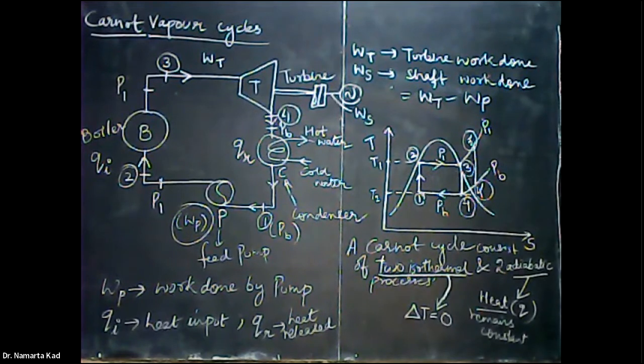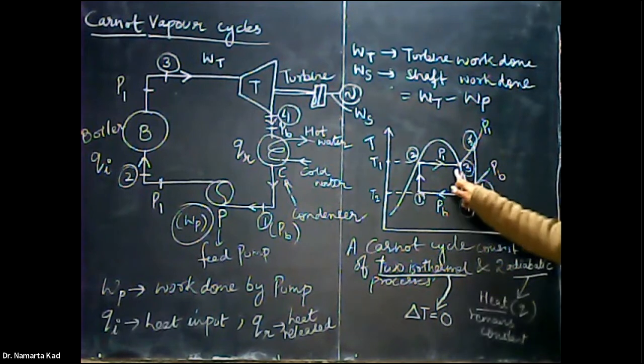In the process 2-3, the saturated liquid enters the boiler where the heat Qi is absorbed isothermally at temperature T1 and the steam becomes dry saturated, represented by stage 3. I am again repeating what happens in stage 2-3.